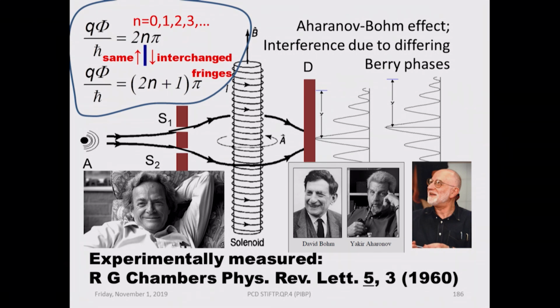There is no classical analog for this, because classical electrodynamics relies on causality, whereas this effect comes from the geometrical phase in the solution to the Schrodinger equation.